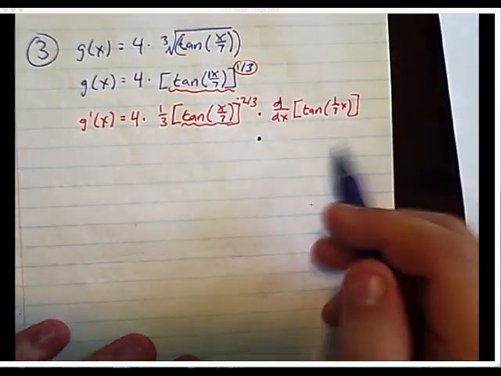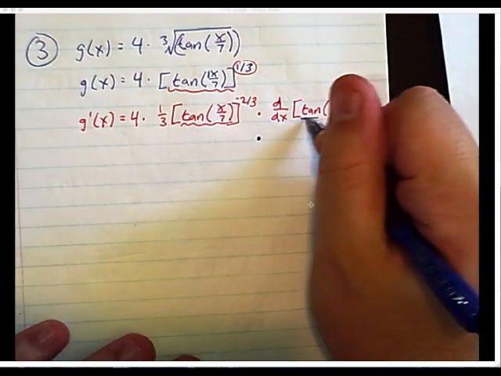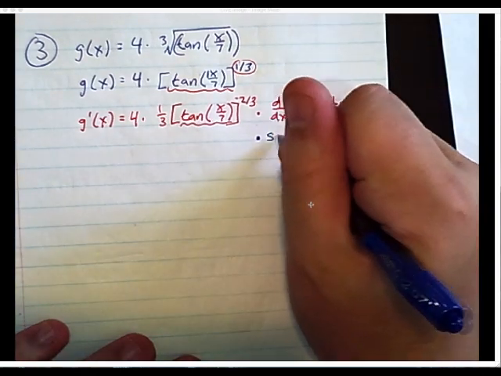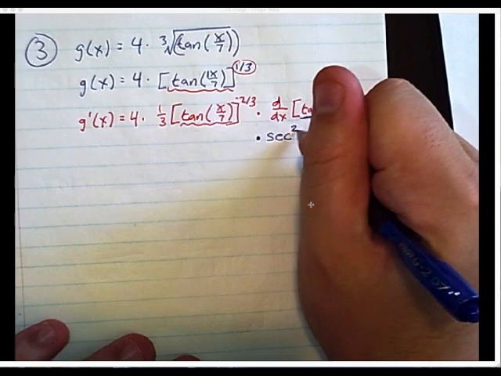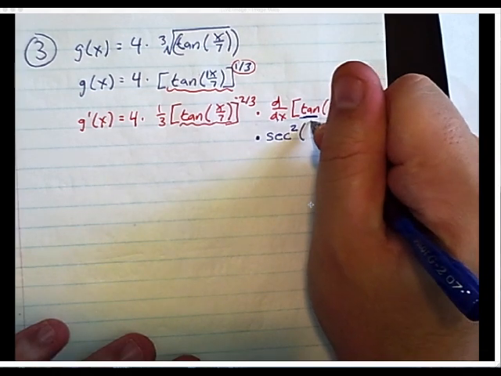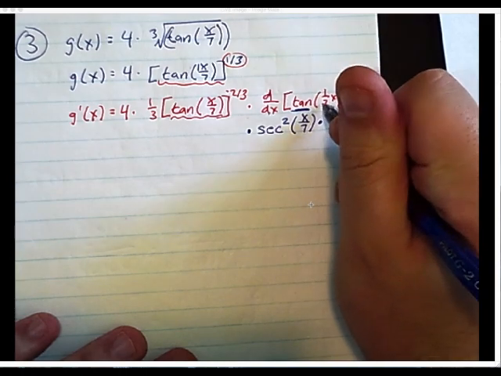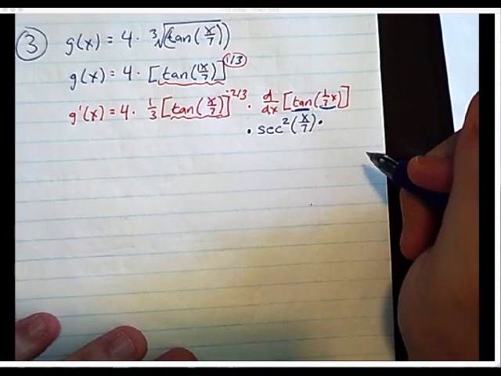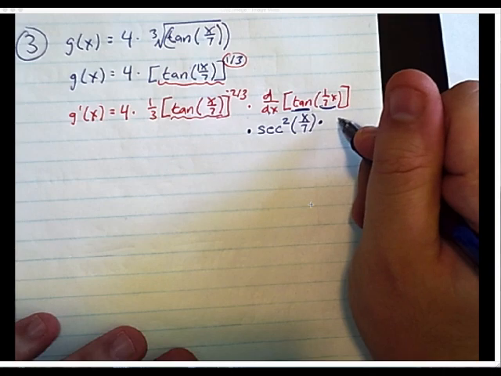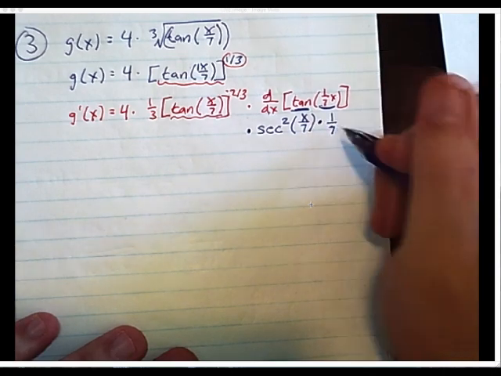So how am I going to do that? What's the derivative of this? It's another chain rule. Tangent is now the outside function. So the derivative of tangent is secant squared with respect to what's already inside. But now you got to multiply that times the derivative of the inside function. So the derivative of 1/7 x is simply 1/7.